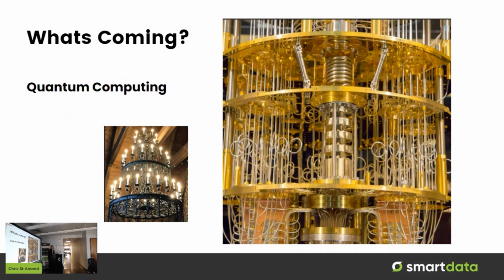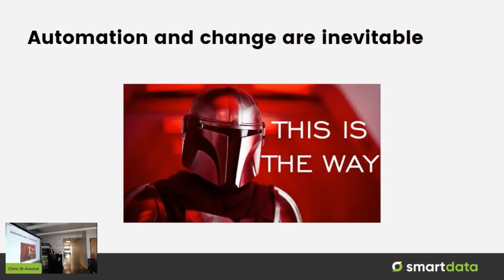It is absolutely going to be ideal for data centers that are well monitored and managed. They expect that within 5 years we will have realistic applications with quantum computing. The short of it is this: automation and change are inevitable. This is the way. We're the people in the room doing automation and change.